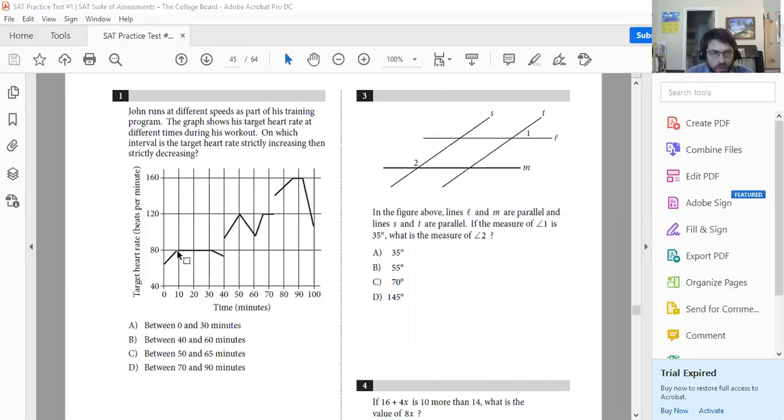So like you have these segments where it's constant, we don't want that, just up and down. And there's again a constant, so this would be the only section between 40 and 60 minutes. So that would be our answer, 40 to 60 minutes.